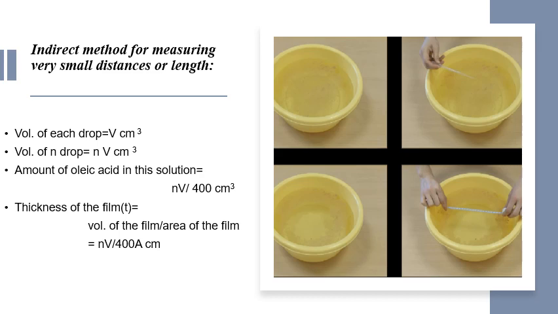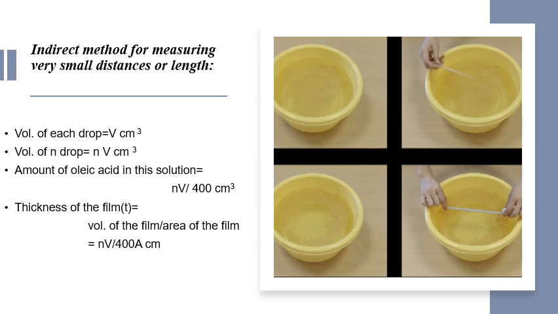So, a simple method for estimating the molecular size of oleic acid. Oleic acid is nothing but a soapy liquid with large molecular size of the order 10 power minus 9 meters.